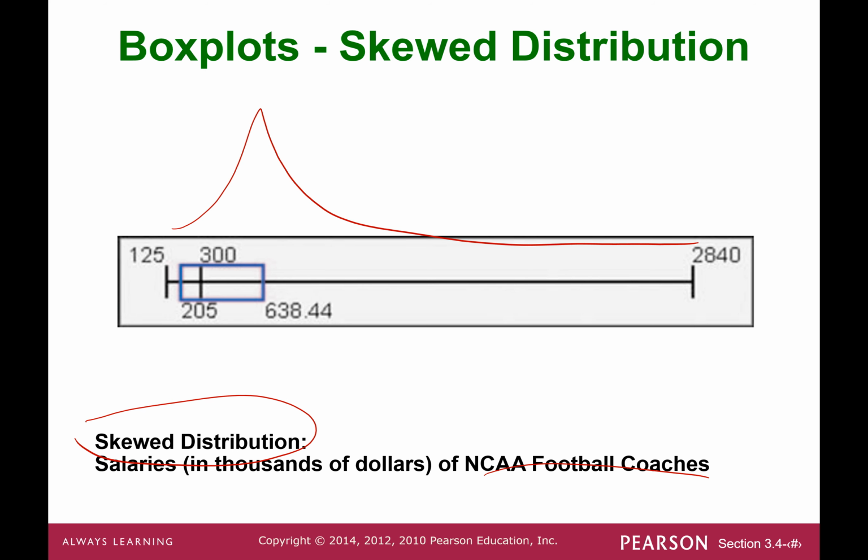And typically, only those famous coaches make a lot of money, but most of them make average salaries. That's why we have this kind of skew to the right distribution. Okay, meaning most of the salaries are concentrated on the low end.